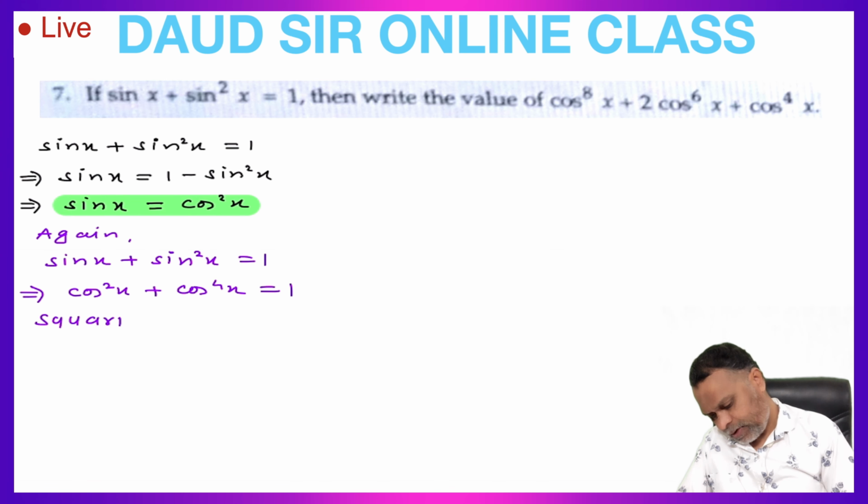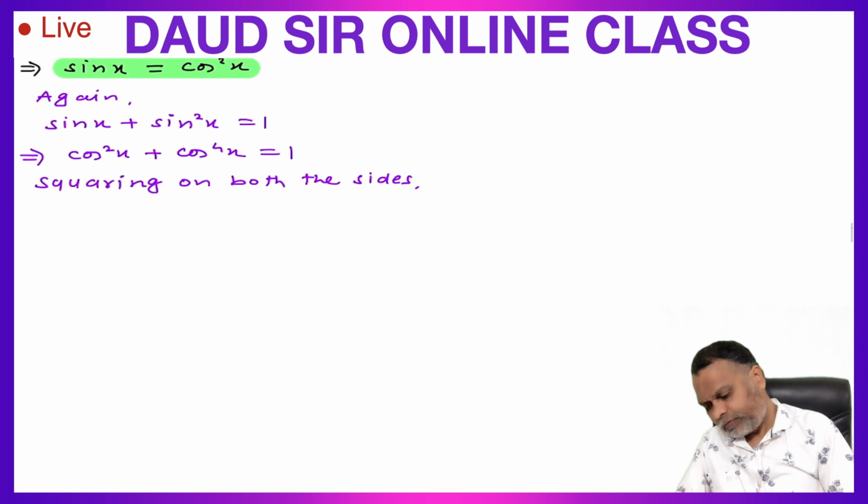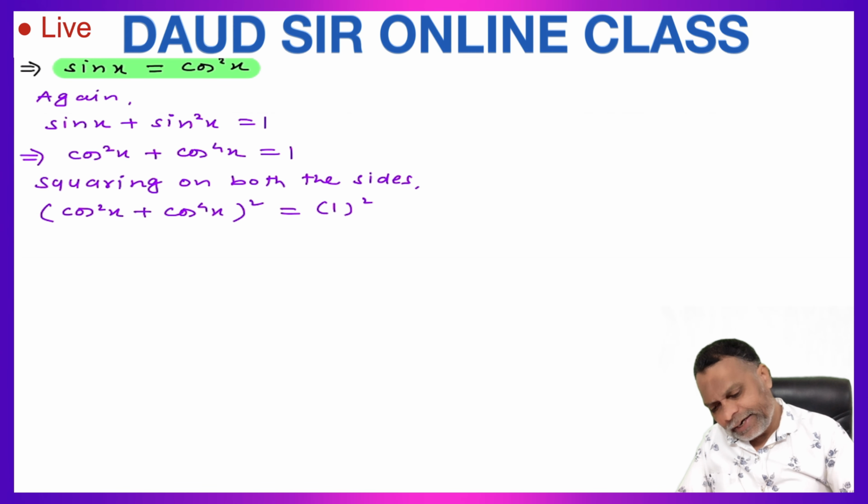Squaring on both the sides: (cos²x + cos⁴x)² is equal to 1². Here apply the identity (a + b)².